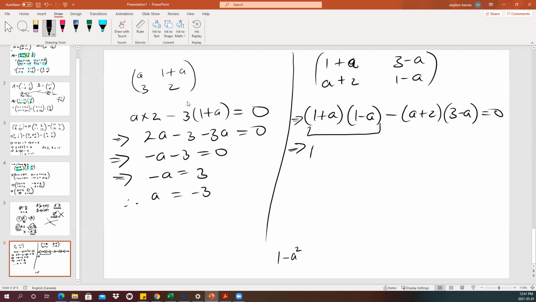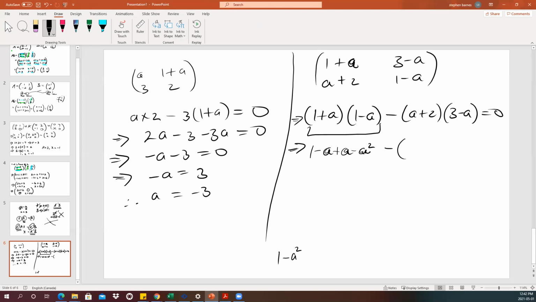1 times 1 is 1. 1 times minus a is minus a. A times 1 is a. A times minus a is minus a squared. So probably I should write it bigger, right? Over this side, we're going to put the minus sign. We'll ignore the minus sign for now. I'm going to put a round bracket, and leave this minus sign on the outside.